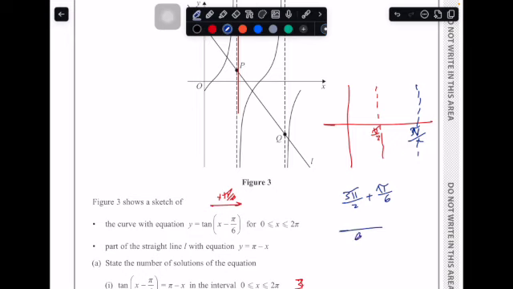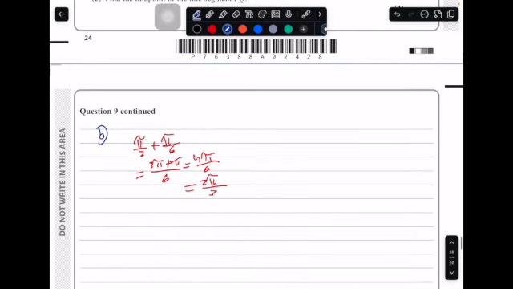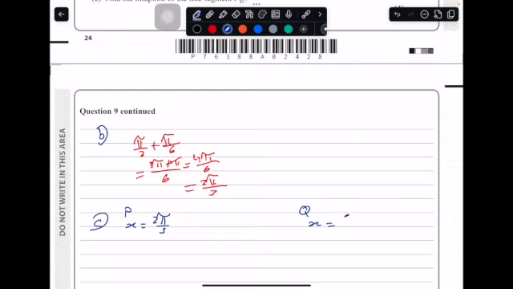Take 6 as a common denominator, so we have 9 pi plus pi over 6, which is 10 pi over 6, which is 5 pi over 3. So the x coordinate here is 5 pi over 3. Now the x coordinate of P is 2 pi over 3, and the x coordinate of Q is 5 pi over 3.